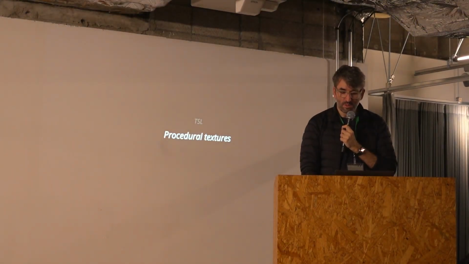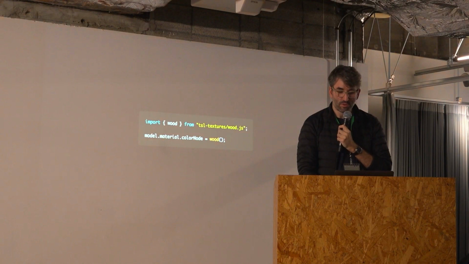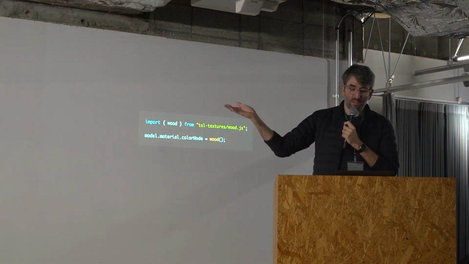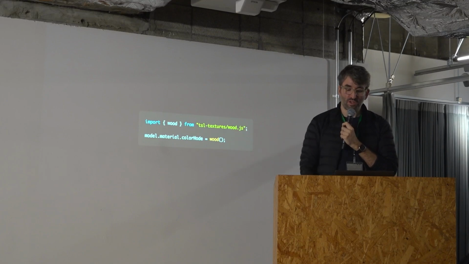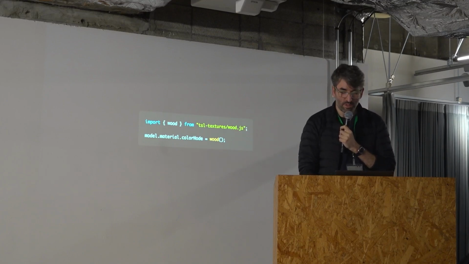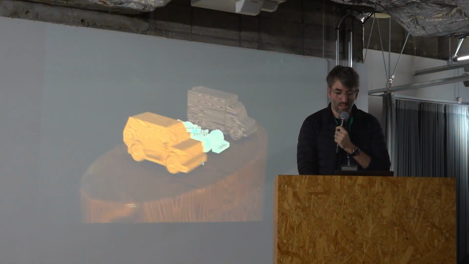Another thing that we can do with it is procedural textures. It would be interesting to work on something like an npm package where you can import, for example, a wood texture. This is how something would look doing that.